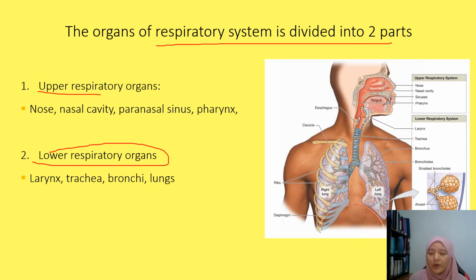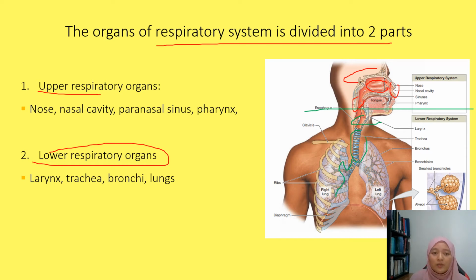So what is the upper respiratory organ? Basically we have the nose and its cavity, and the paranasal sinus that drains into the nasal cavity, and the pharynx. For the lower respiratory organ, we have the larynx, the trachea, the bronchi, and the lungs.